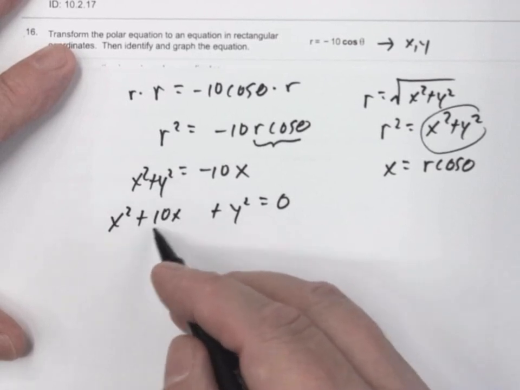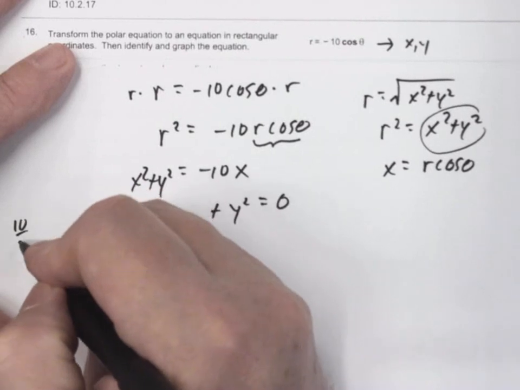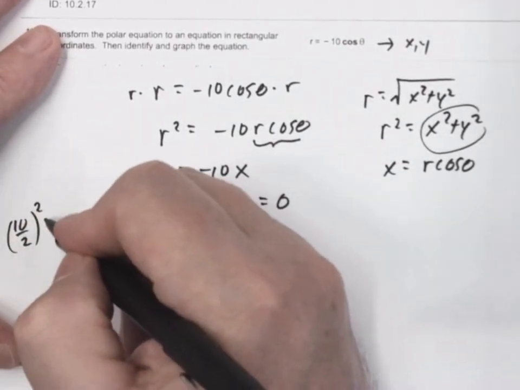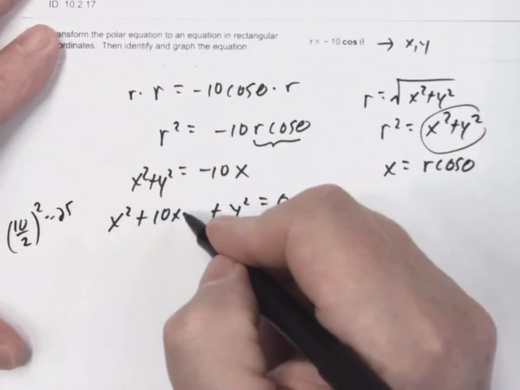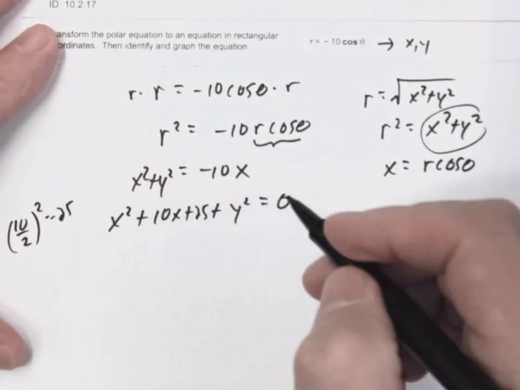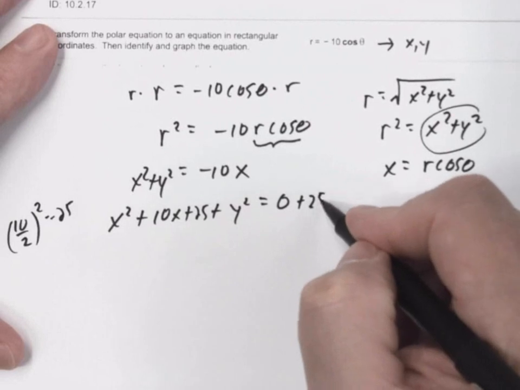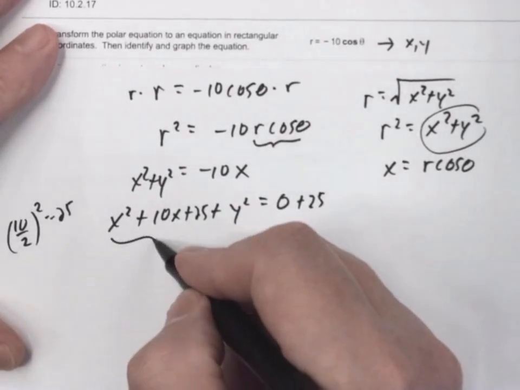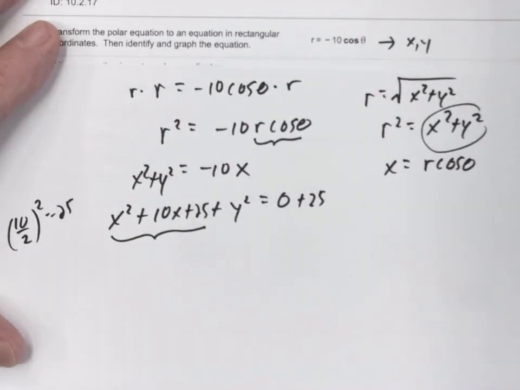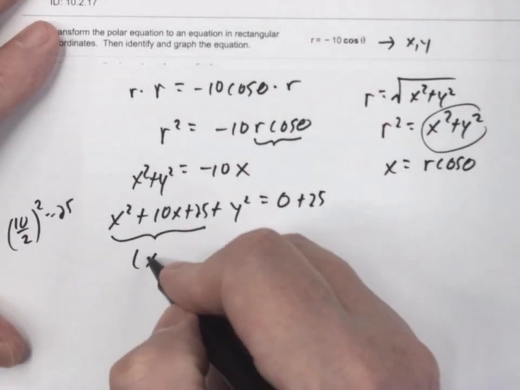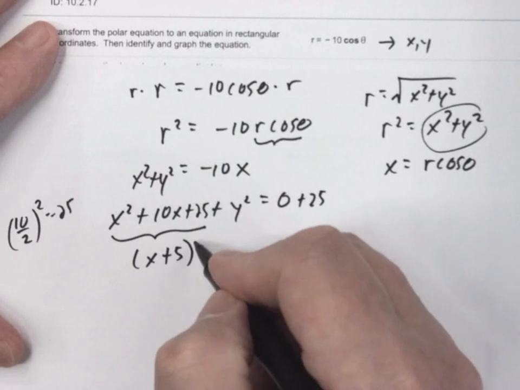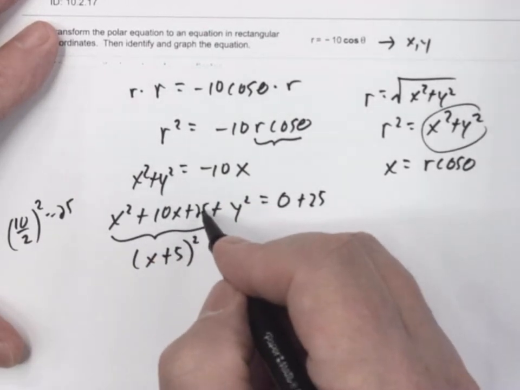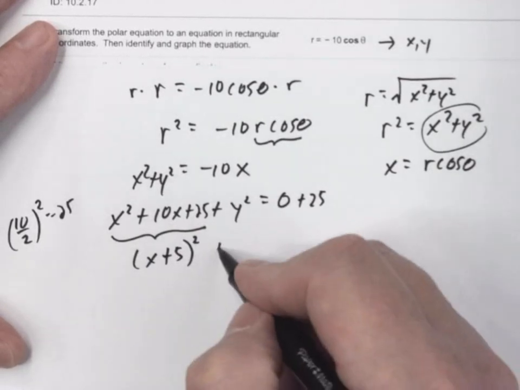Completing the square means you take the 10, divide it by 2, and square that. So that's 5 squared. So I'm going to add 25 here, which means I have to add 25 to this side. Now this becomes what's called a perfect square trinomial, and it can be factored. You take the plus here, you take the square root of 25, and it goes here.